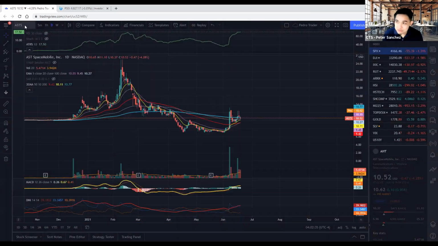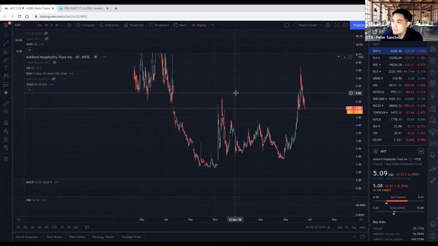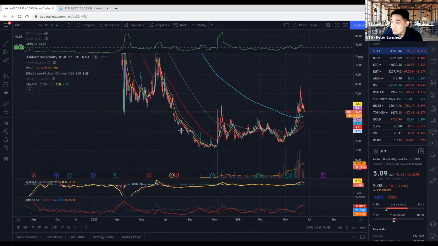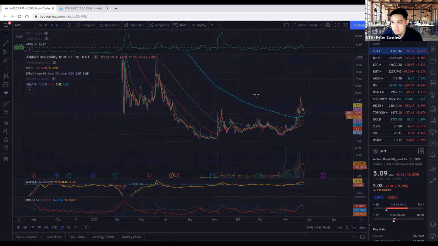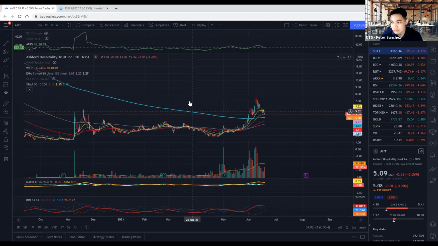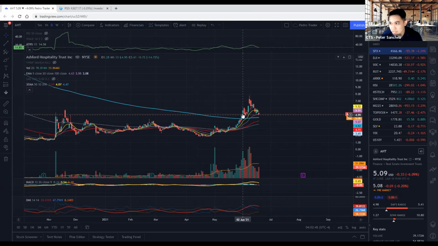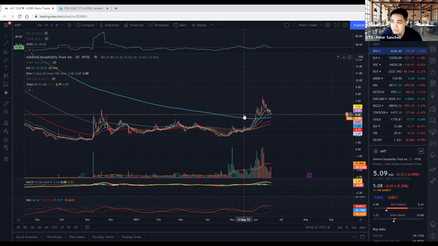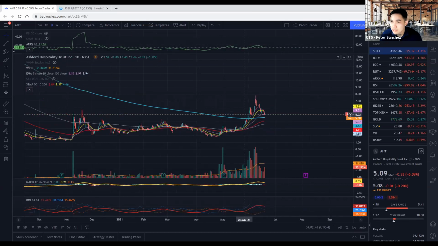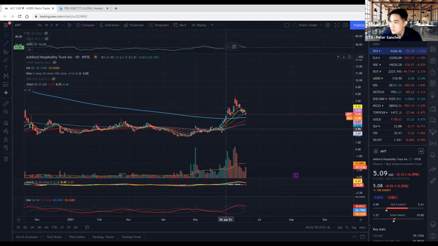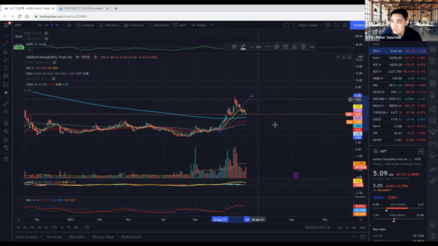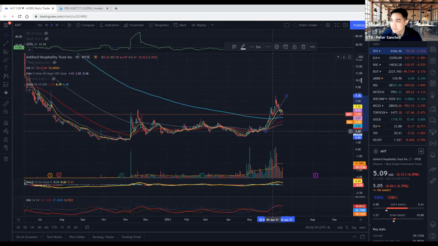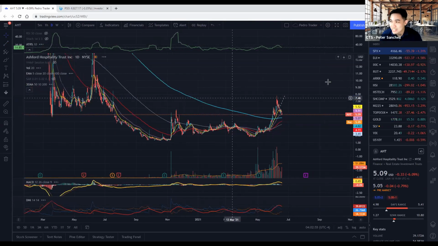AHT. Again, first glance, alam ko yung 200 EMA ko. Bagong break lang siya, so hindi pa siya yung clear uptrend. Kung magdodraw tayo ng trend line, ito lang yung pinaka-trend line pa lang natin, uptrend line. So overall, again, mas mahina siya sa SPX.